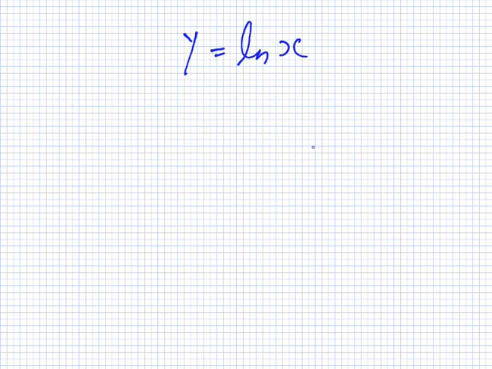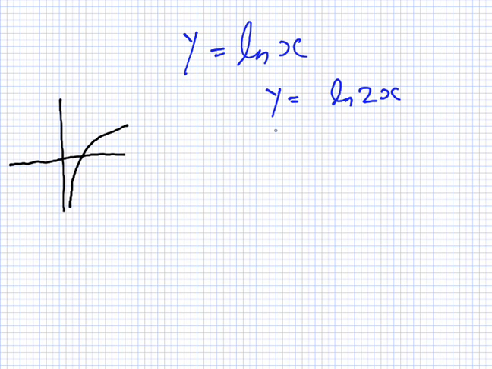Your possible choices in the exam, they could ask you to draw log x, which we just saw looks like this. But if I said to draw something like y equals log 2x, that's just the same as y equals log 2 plus log x. What's the only difference between this and the first graph?